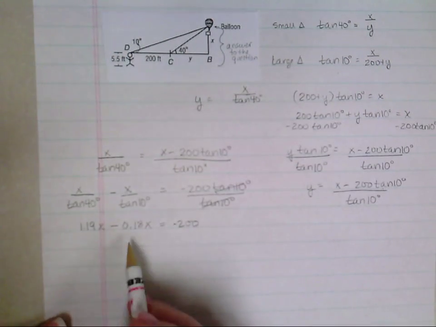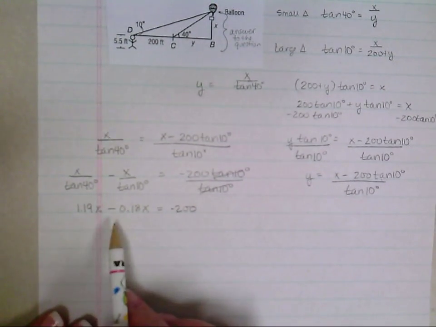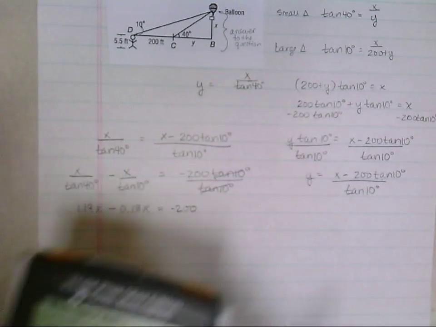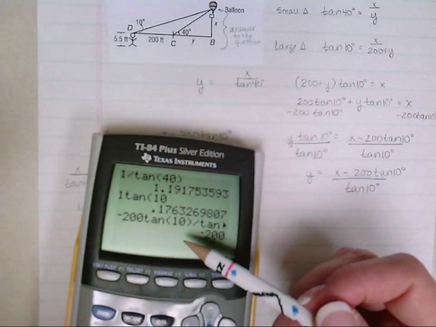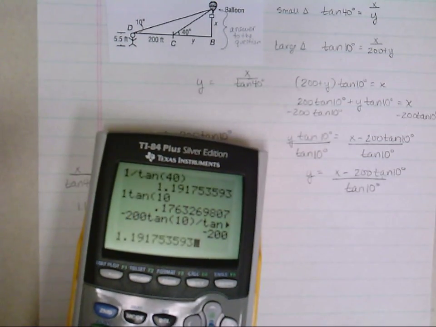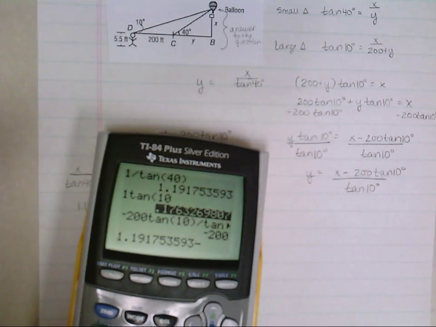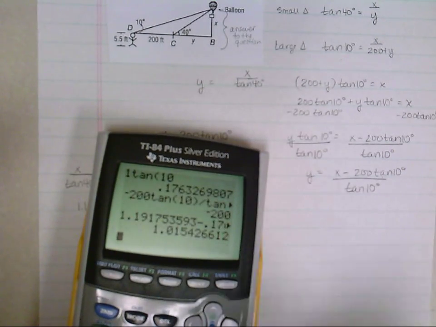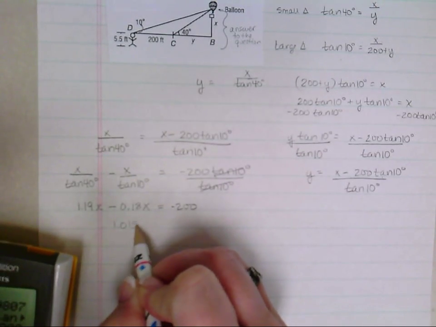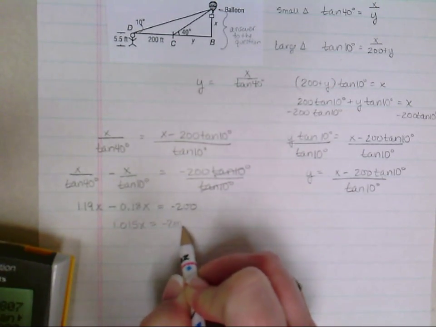Now I want to go ahead and solve for x. I need to subtract 1.19 minus 0.18, but I'm not going to round it. I'm going to use the numbers that are in the calculator. I subtract 0.18 and get approximately 1.015, so 1.015x is equal to negative 200.